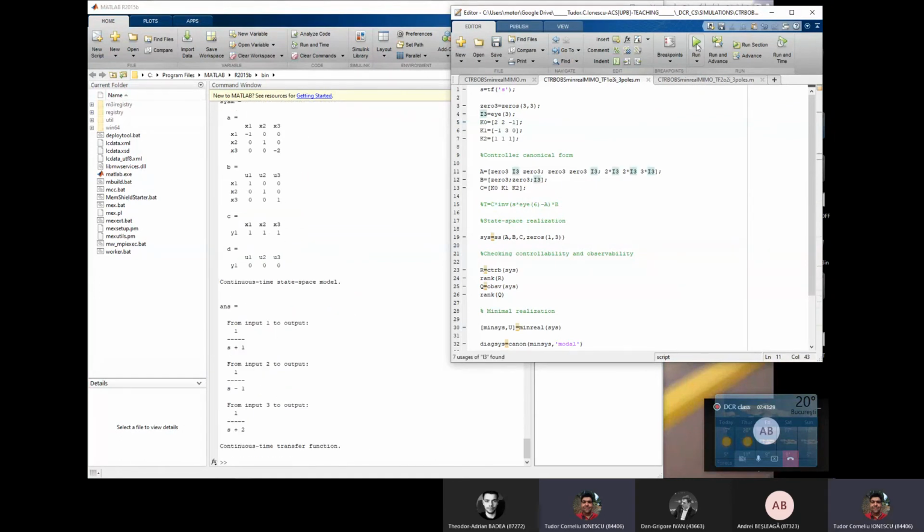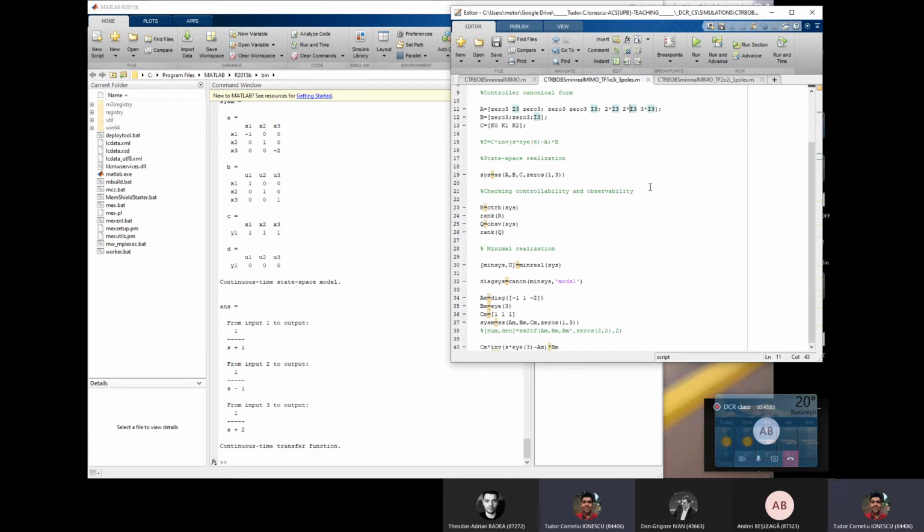Trying to make it stable. Oh, I think I can, but this is a mistake here. I think it's stable now.